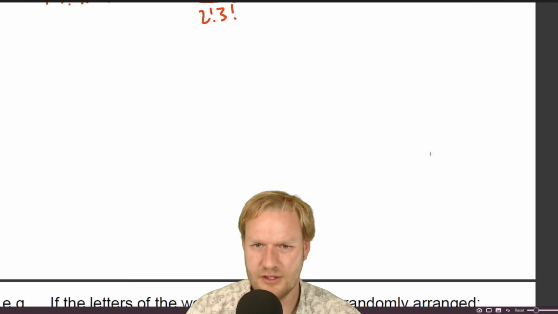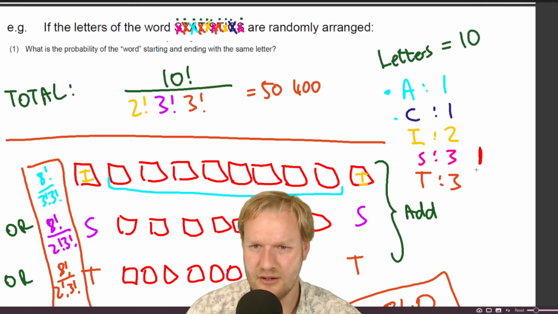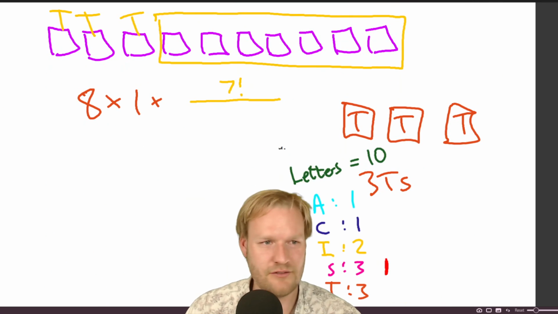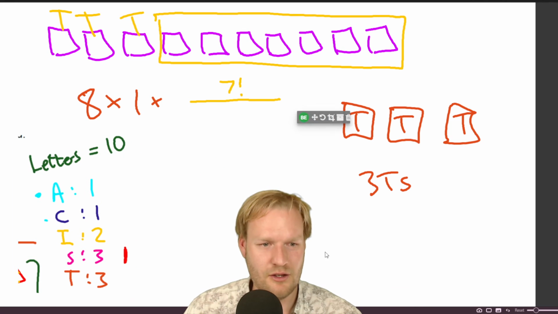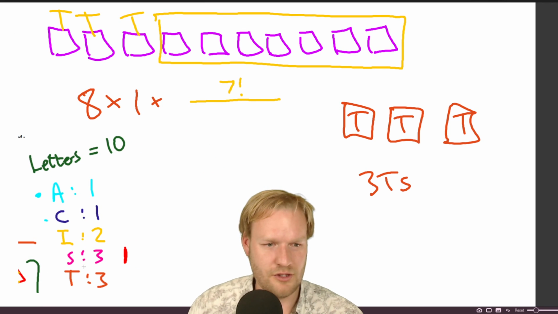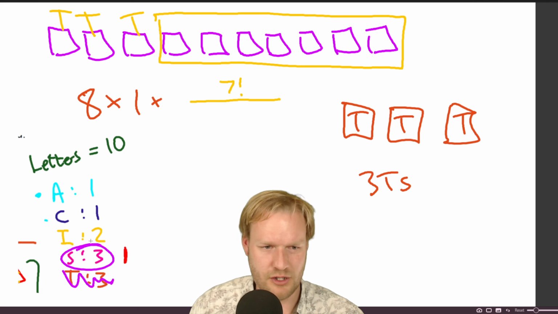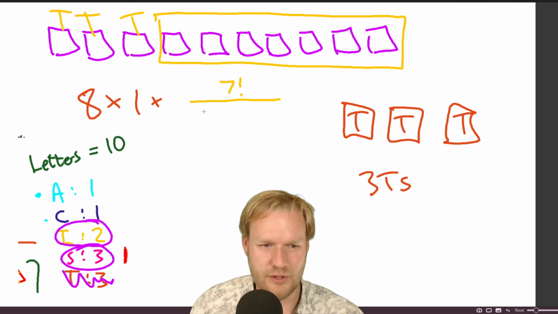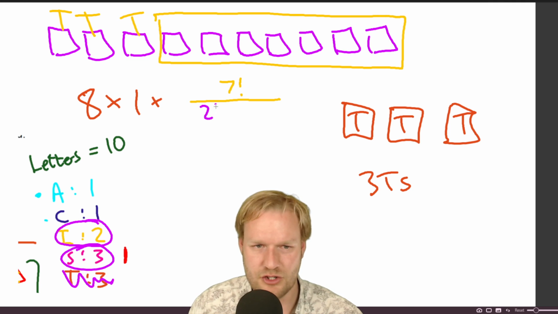Let's just copy it down so we don't get confused by all that other stuff. We've got the 3 T's, those were repeated, but we've already accounted for them. So we've got the 3 S's and the 2 I's. Therefore we need to divide this by the 2 I's and the 3 S's.